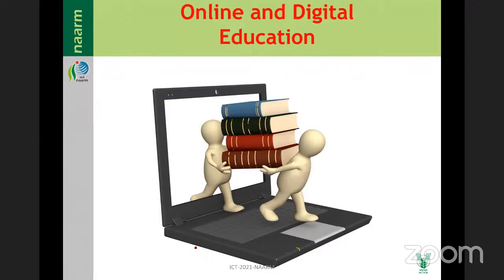These are some important apps. If you go to the Google Play Store or Mobile Seva, you can download a number of apps. You can see that. Now we are going to online digital education.